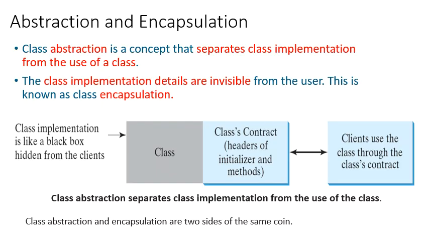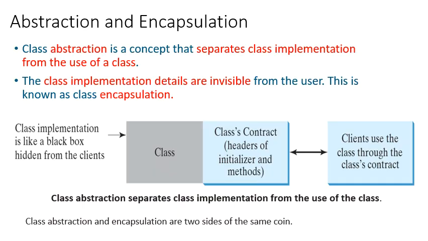Abstraction and encapsulation. Now onwards, we will discuss the properties or characteristics of object-oriented programming. The first one is abstraction and encapsulation. Class abstraction is a concept that separates class implementation from the use of a class. The class implementation details are invisible from the user. This is known as class encapsulation.